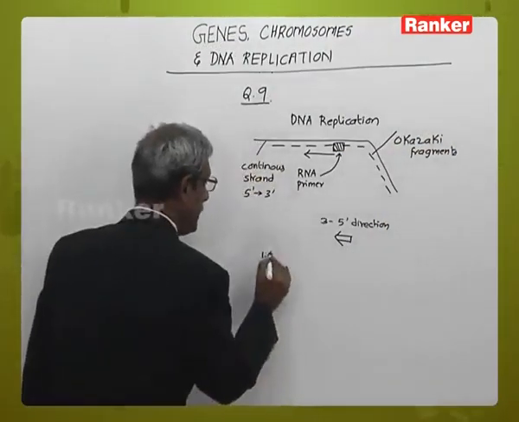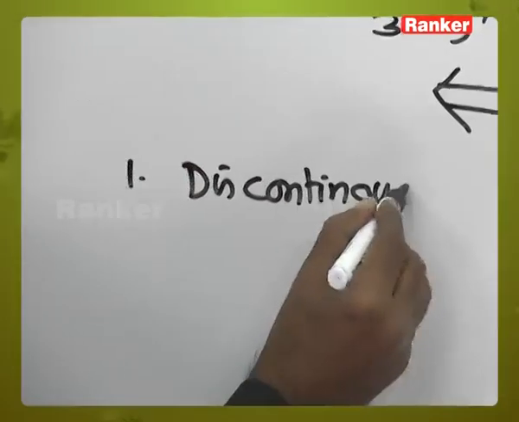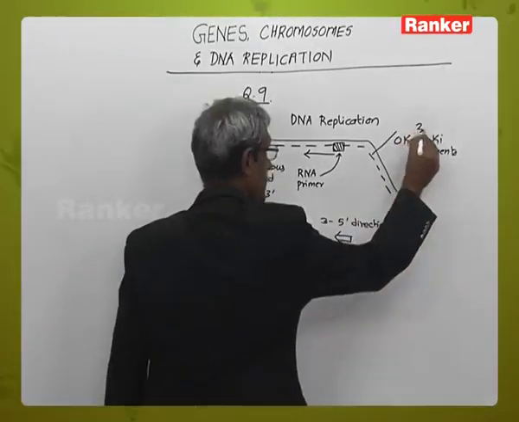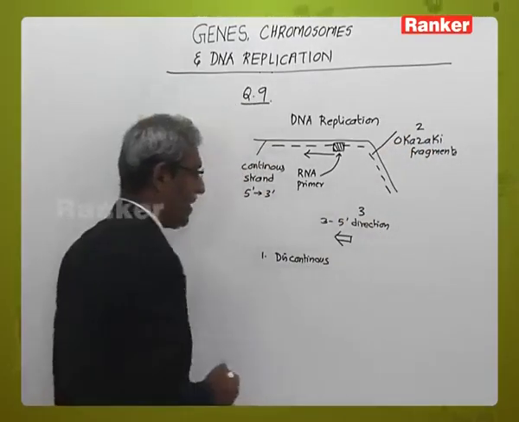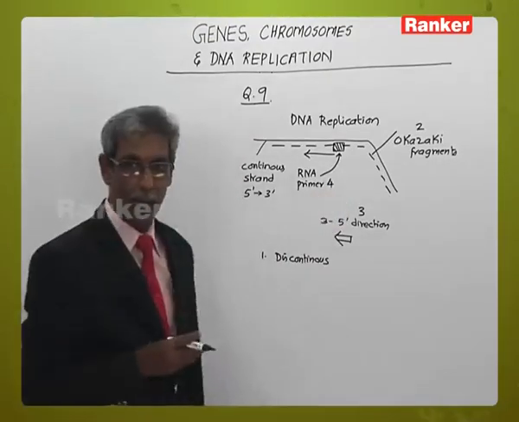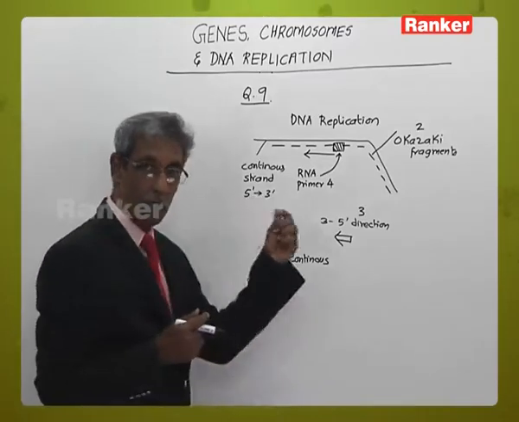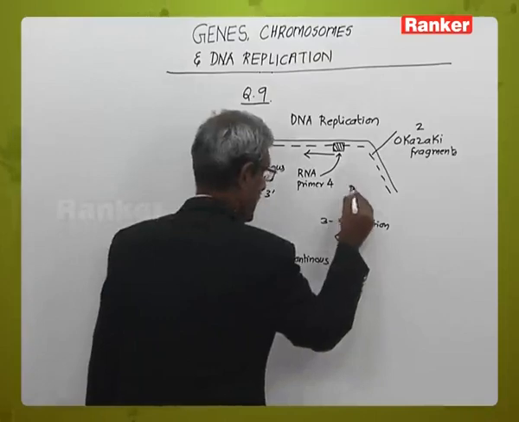So, number 1, they are discontinuous. 2, they are termed as Okazaki fragments. 3, the direction is in the 3' to 5' direction. 4th, they are joined by means of RNA primers, and in order to join they require certain other enzymes which are termed as DNA ligase.